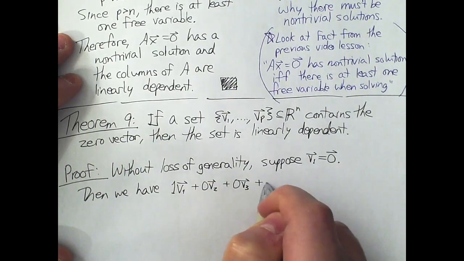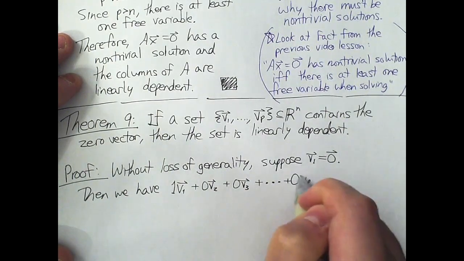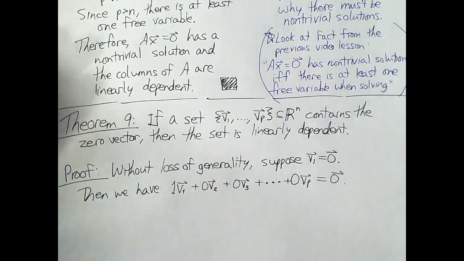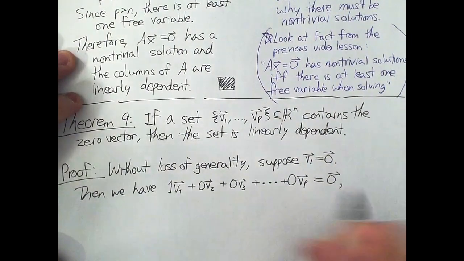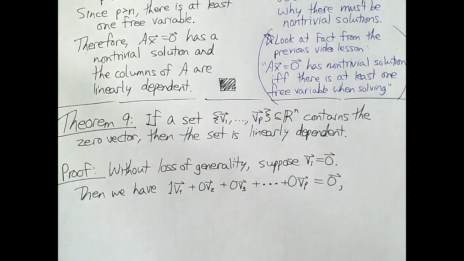Is this a linear dependence relation? Well, the whole thing would all add up to 0, and the weights are not all 0.